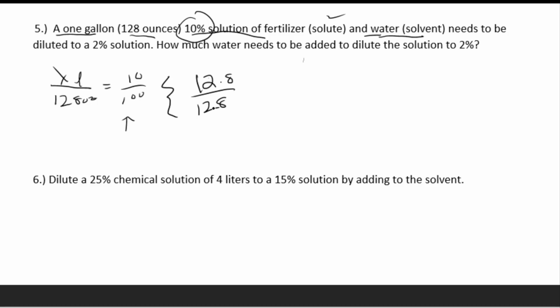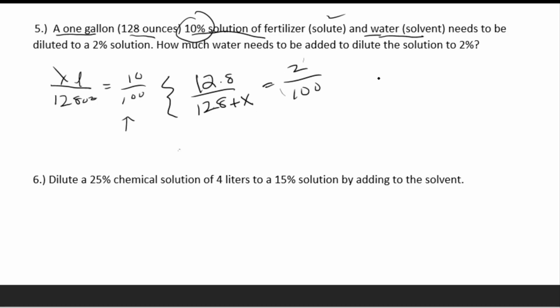That's 10% of this. And you want to dilute it to a 2% solution. So you have to add water. All right? Add this so that this here equals 2 over 100, 2%.